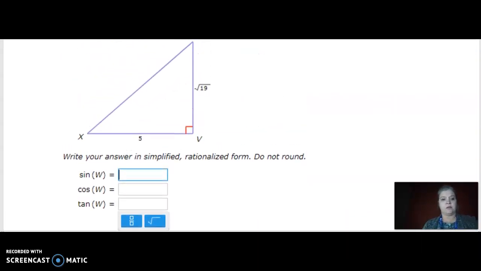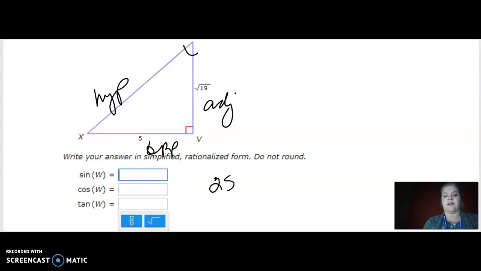Okay, I'm going to go real fast because I have 96 seconds. So we're looking at W, opposite, adjacent, hypotenuse. 25 plus 19 is 44. Square root of 44 is 2 square root of 11.